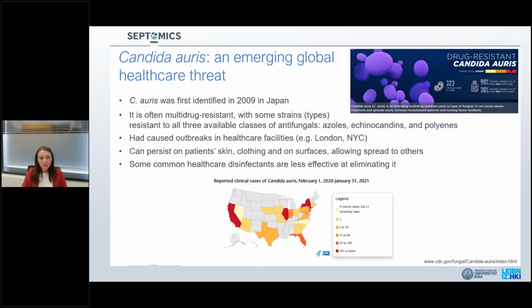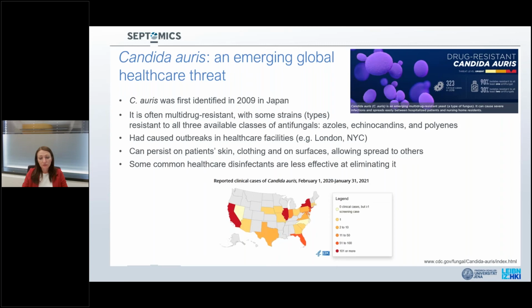This is alarming because not only is this pathogen multi-drug resistant, but it also can persist on patients' skin, clothing, and on surfaces. And it's commonly resistant, or not really susceptible, to common healthcare disinfectants.